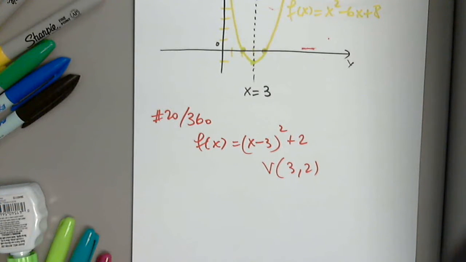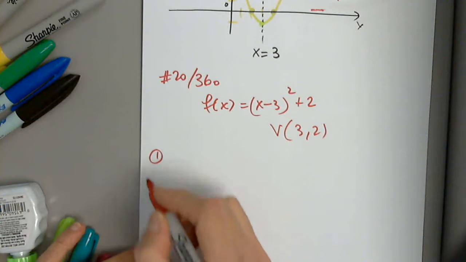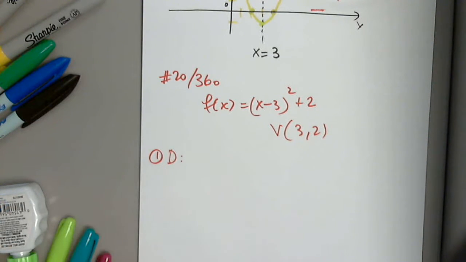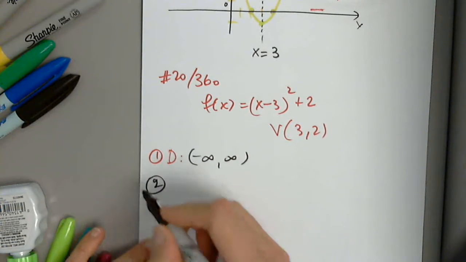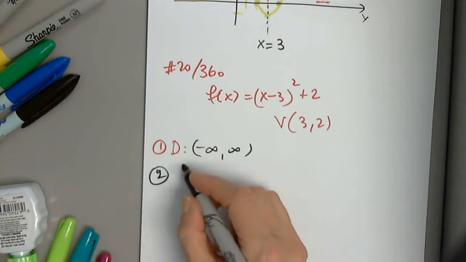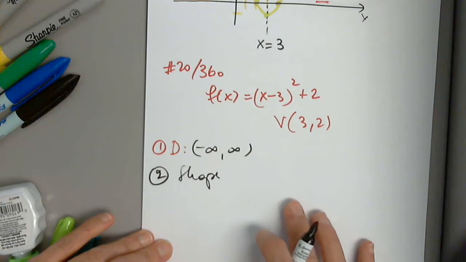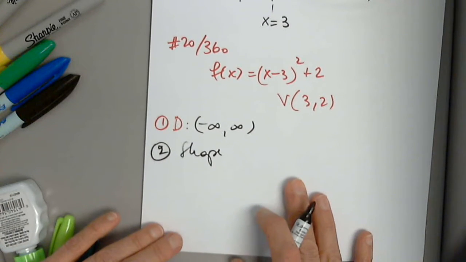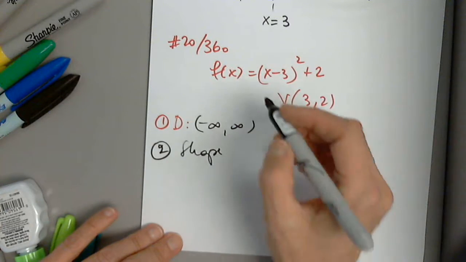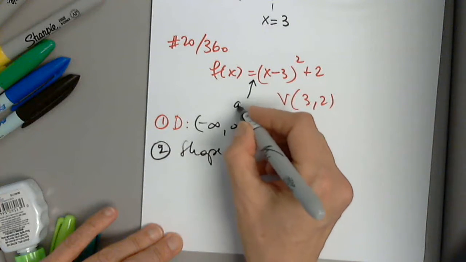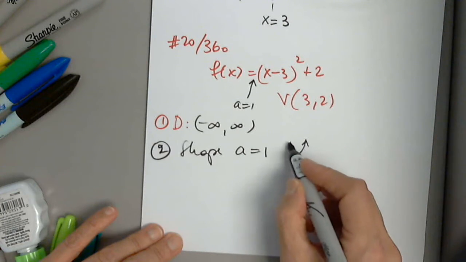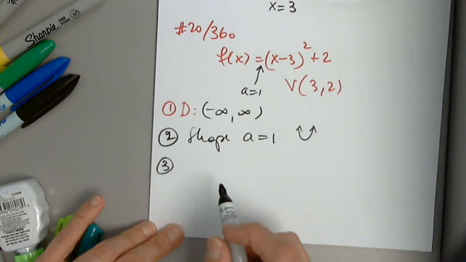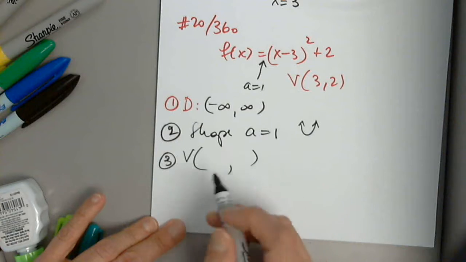So now let's start again from scratch. Number 1, domain. Very good. Number 2, we already know the shape. Minimum or maximum? Here's the leading coefficient. Yes, a equals 1, so the parabola has a minimum. Number 3, the vertex.